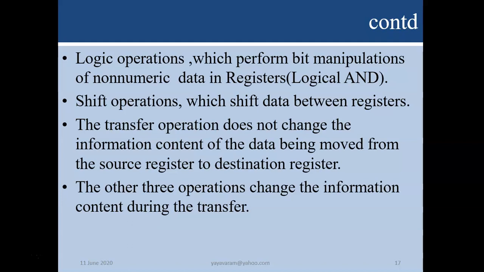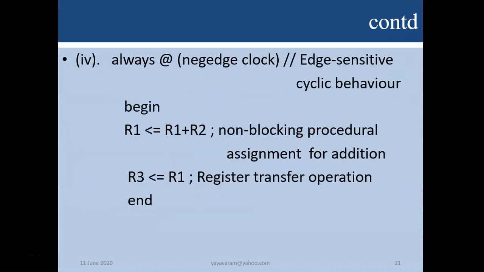So in transfer operations, the content of the register is not changed. But in the other three operations, when I perform logical operations, shift operations, increment operations, etc., there is a change of data, a change of the information during the transfer. I hope you have understood this clearly. Thank you very much for your patience.